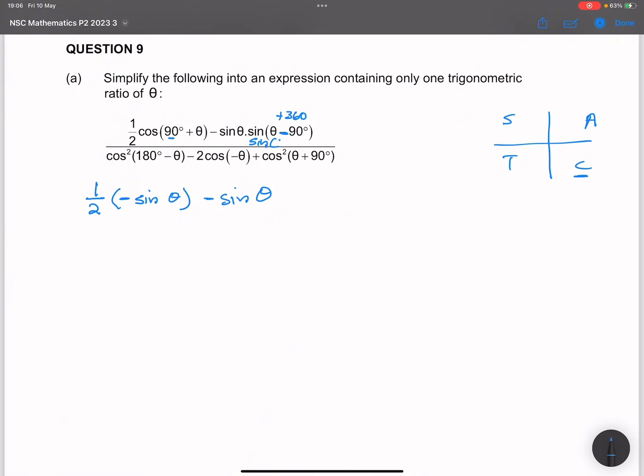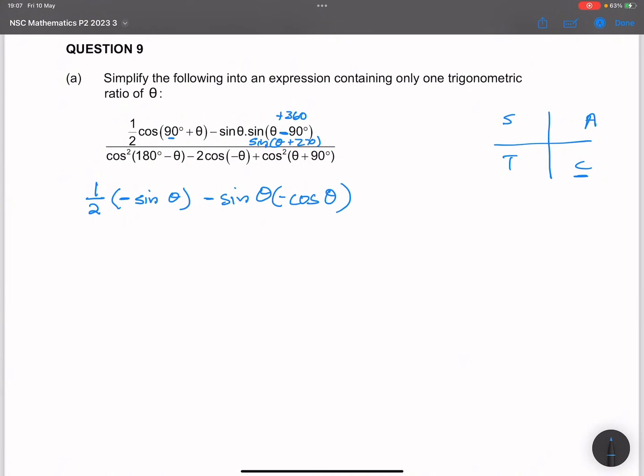As I said, in the fourth quadrant, we know that sine is negative. So this will be times negative. Now remember, we're going to change into cosine in that case, because we've got 270 there.